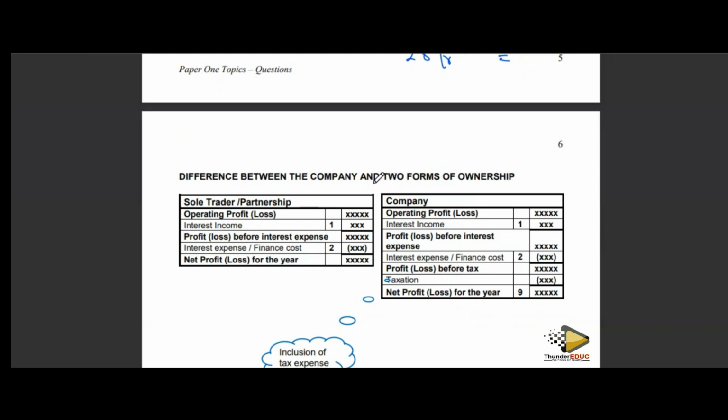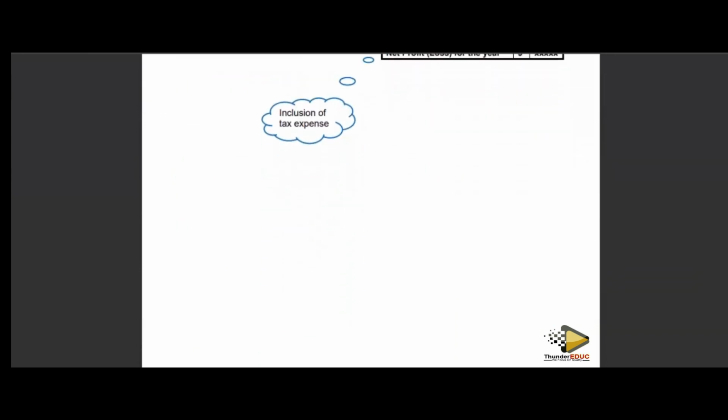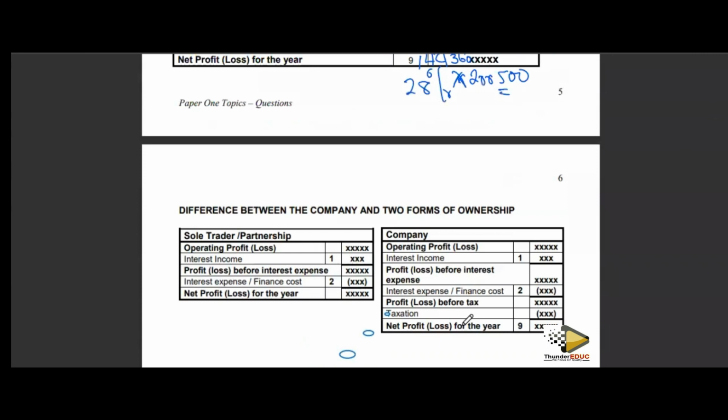Now, if I take you here on the notes, the notes are giving us, you see what they have added here? They are showing you the difference between the sole trader or partnership business and this, which is what I was explaining now. Okay?